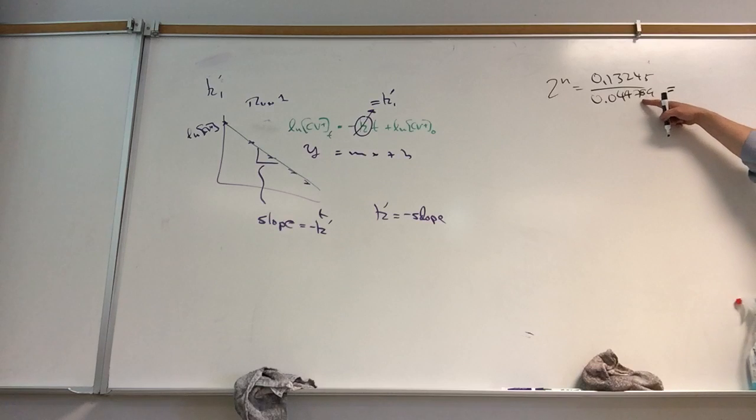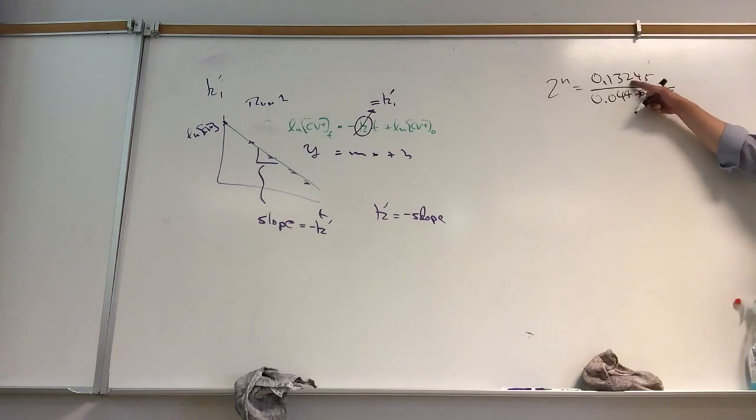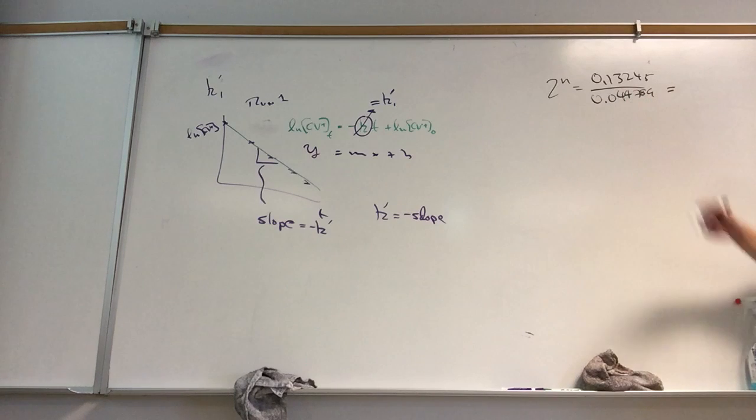So taking a look, I doubled the hydroxide. Did the rate constant double? If I double the hydroxide and the rate constant doubles, then it's first order. If I double the hydroxide and the rate constant quadruples, then it's second order.